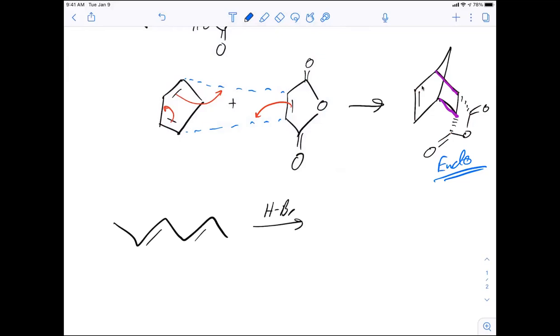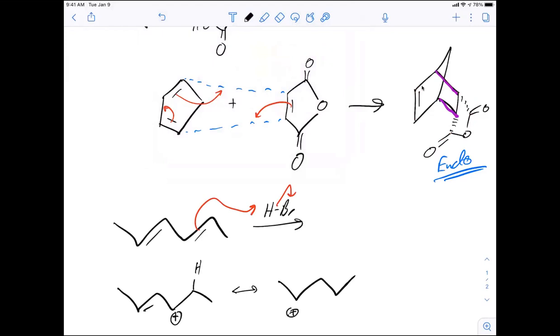Okay, if we look at the next one, let's go ahead and look at the mechanism. We get, with either one of the double bonds, this is symmetric, the carbocation here with the hydrogen here. Let's fix that a little bit. Okay, got the positive here. Then this can give me a resonance structure to show this.